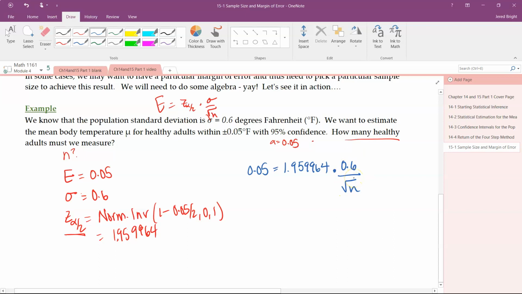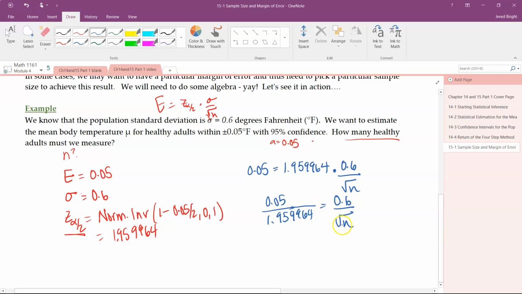Now algebra comes in and I just need to solve for n. It may have been a while since we've done this, so first I would divide by the 1.959964, so 0.05 divided by 1.959964. I would recommend not punching this in a calculator right away, so you retain all the digits that you can.